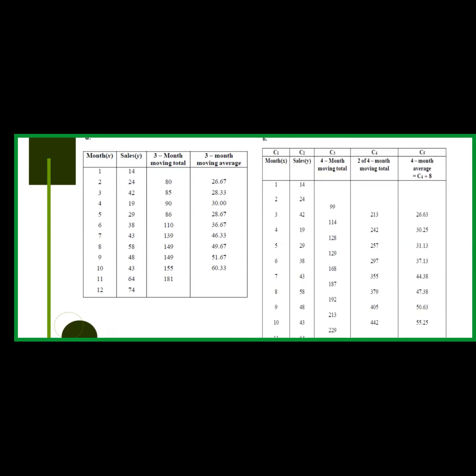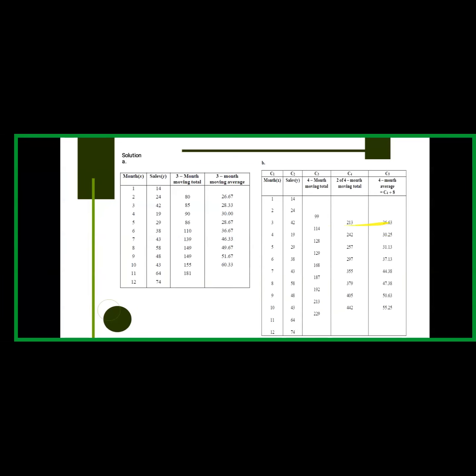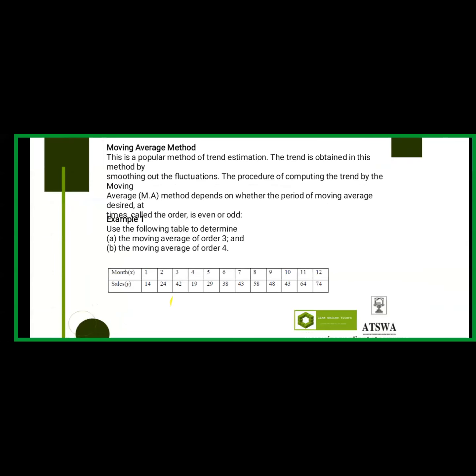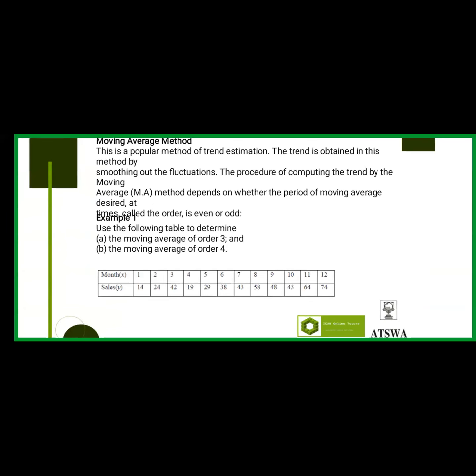So the one we did before, moving of 3, that is why earlier, if we go to this question, they said the moving average method depends on whether the period of moving average desired at time called order is what? Even or odd. So the way you will solve it depends on whether it is even or odd.